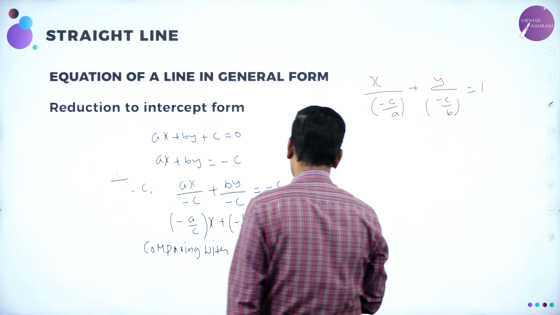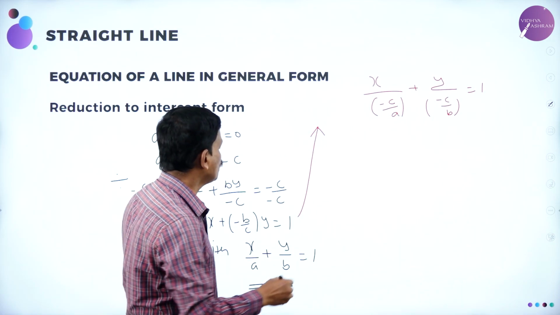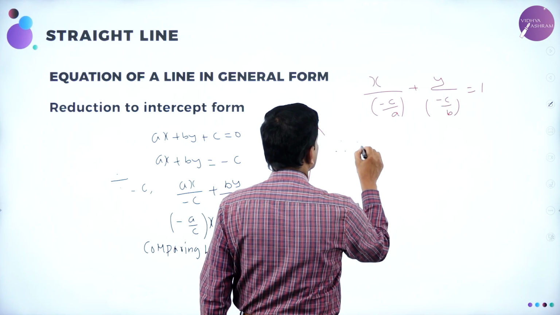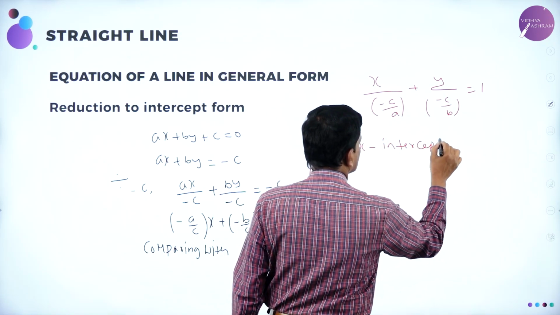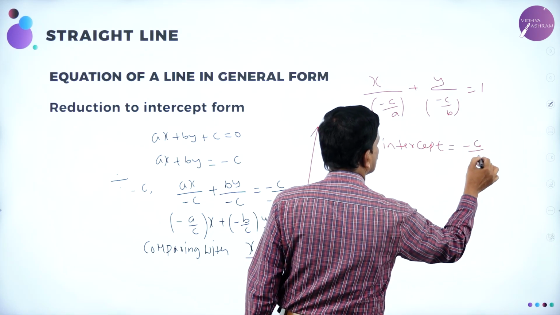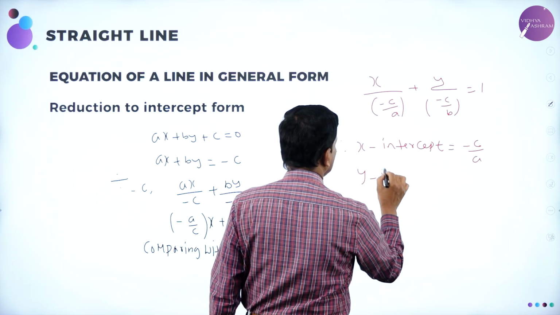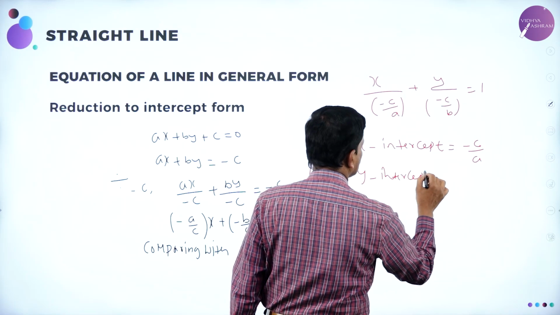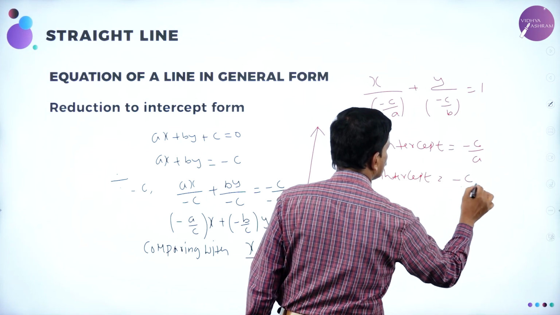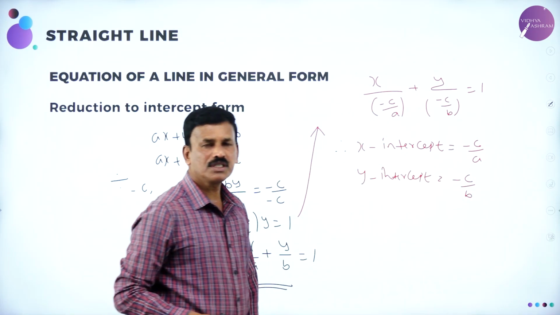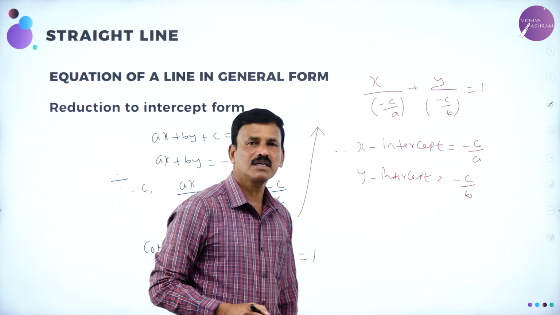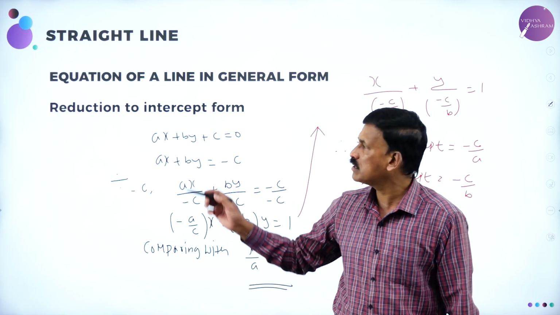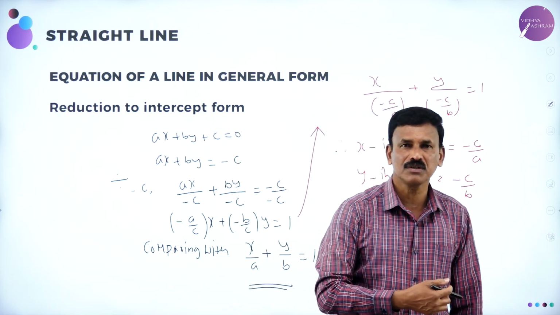So if we compare with the standard equation, the x-intercept of the line is equal to minus c by a, and the y-intercept is equal to minus c by b. So the x-intercept of the line is minus c by a and the y-intercept is minus c by b. That is called the intercept form of the given equation.